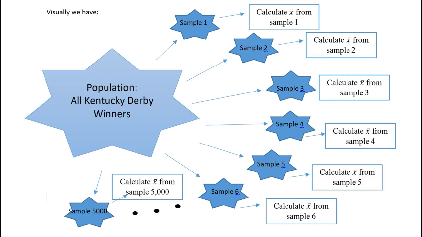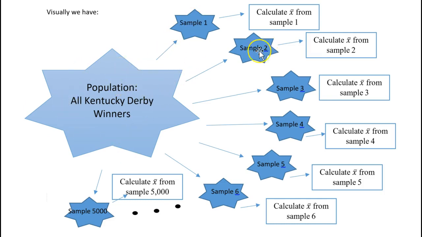Next, we are going to continue the process of taking samples from the population and calculating the statistic from each sample. This needs to be repeated for a large number of samples. We could look at 5,000 samples, for example. So in a picture, we started out with the population of all Kentucky Derby winners.